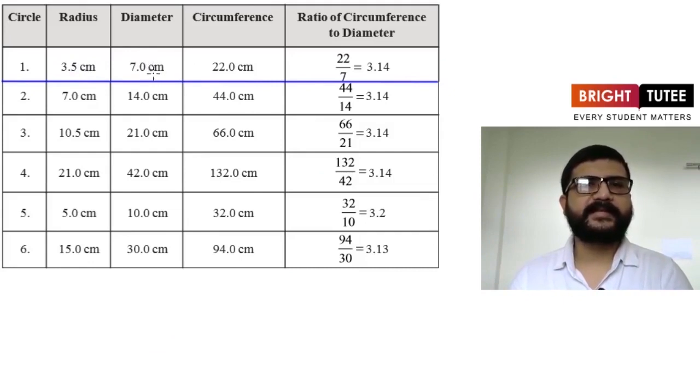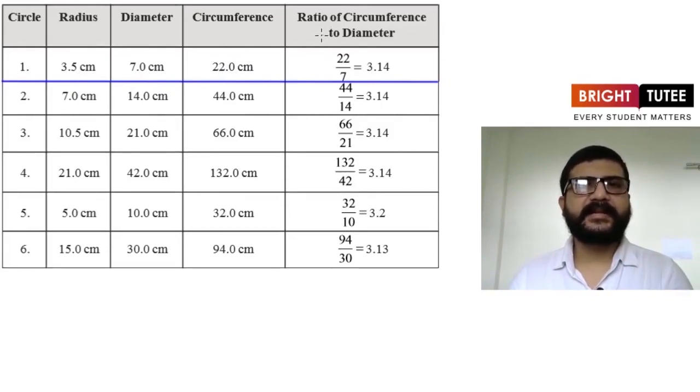It will be 7 centimeters. Now its circumference we have found according to the experiment we did in the previous part of this lecture. We have seen how to mark a point and how to find the distance around the circle, that is circumference. And that came out to be 22.0 centimeters in this case.